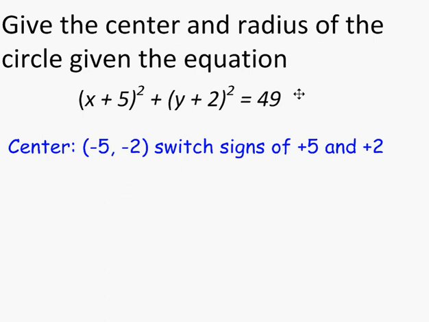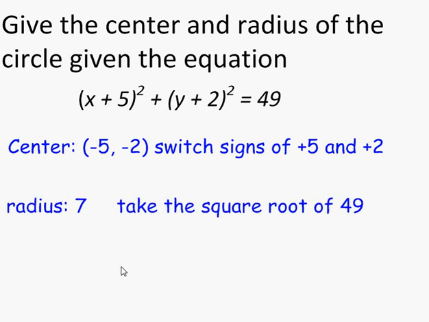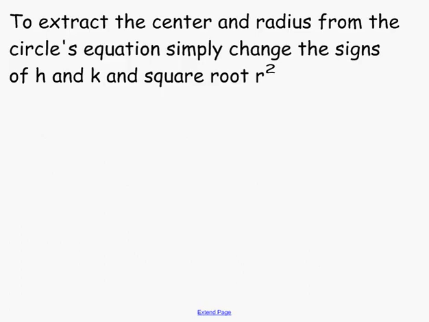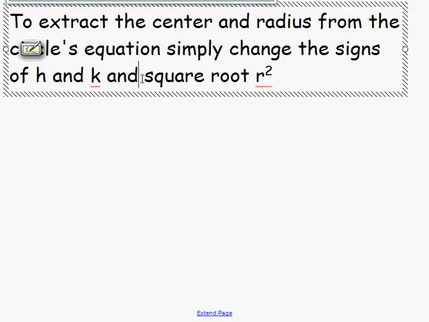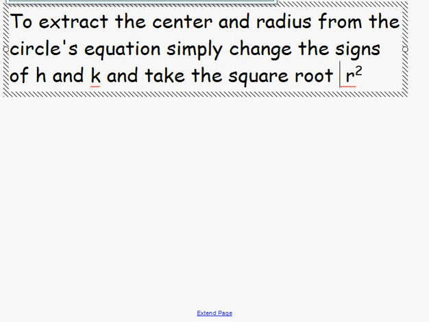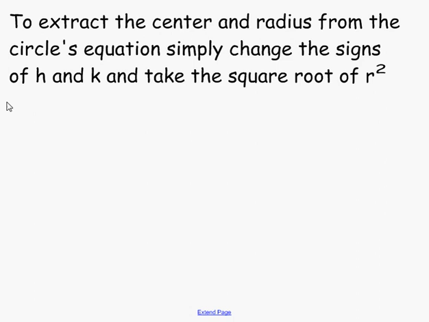So that 7 got squared, and that's how they got that 49. So the radius is 7. And what you have to do is just take the square root of 49, and that's how you get the 7. So to extract the center and radius from the circle's equation, simply change the signs of h and k and take the square root of r squared.